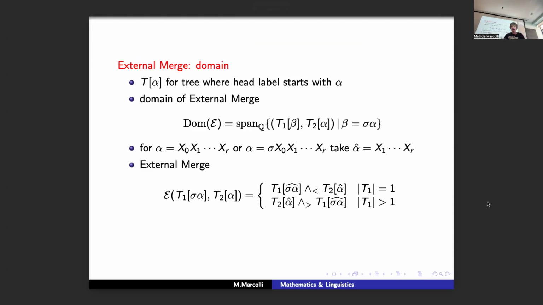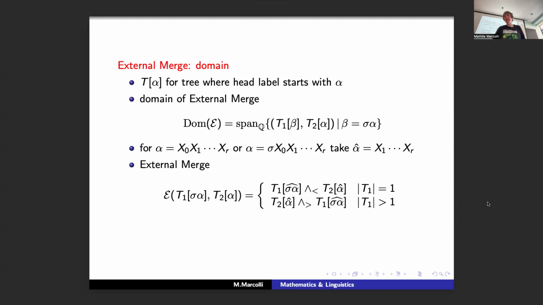And so, as I said, for external merge, each tree is itself labeled by the label carried by the head of the tree. You are able to apply an external merge to trees when the labels of the trees match up to this licensee symbol, which means that one of the two structures is calling for a structure of the other type to be combined with. This is the coloring condition of the colored operad in the formulation that I gave before.